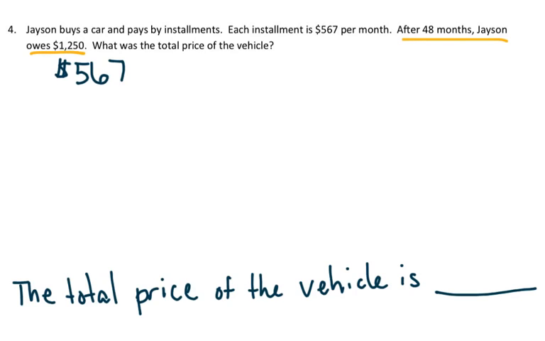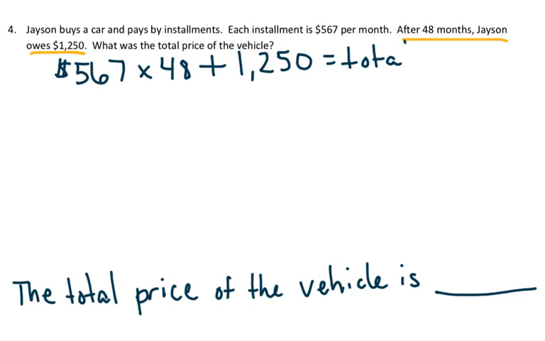So what that's saying is that for 48 months, he pays $567, but he still owes more money, so that has to be included to get the total price of the vehicle. So we actually have to add that amount here, and that's going to equal the total price. This is the part where students get tricked a little bit because there's an additional step there.